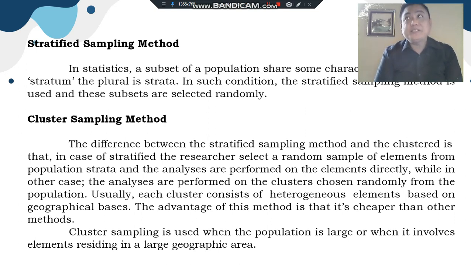For example, the Department of Public Highways here in Pangasinan was divided into different districts. So they can be classified as different strata. Like District 1, District 2, District 3.